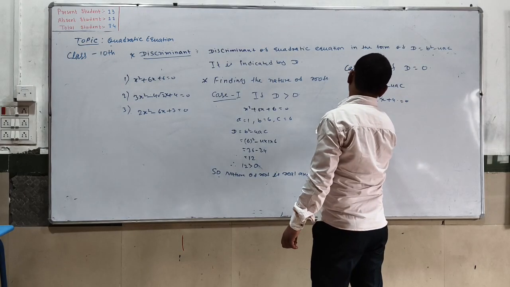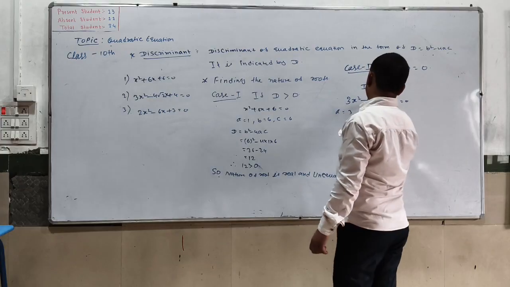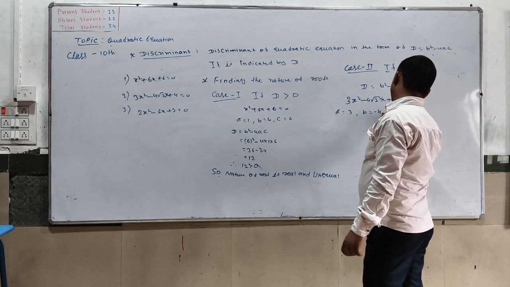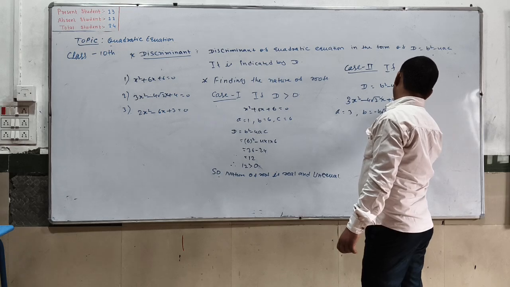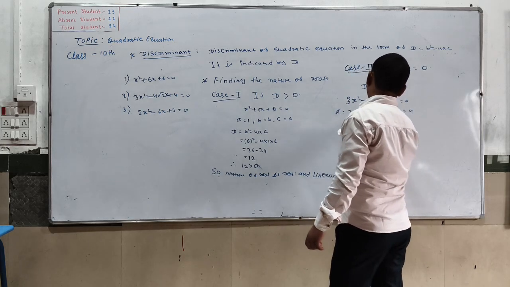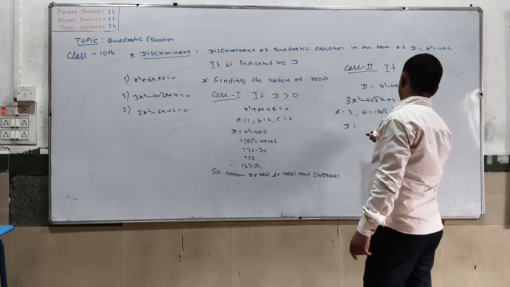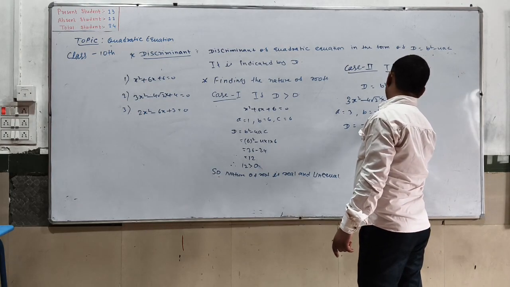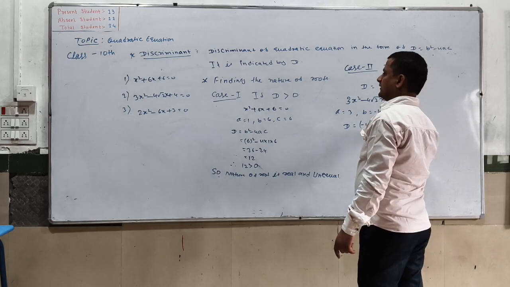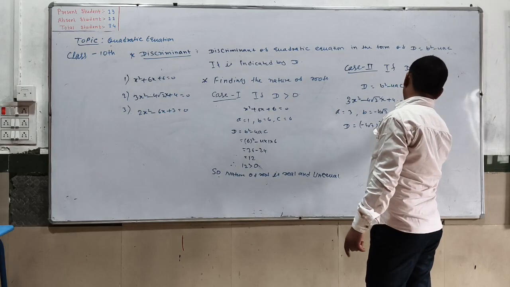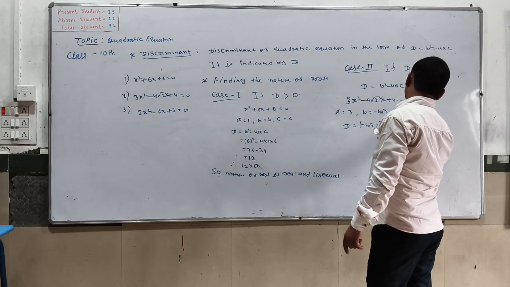So a is equal to 3, b is equal to minus 4 root 2, because the sign is negative, and c is equal to 4. Putting these values, b is minus 4 root 2 squared, minus 4 times a, which is 3, times c, which is 4.